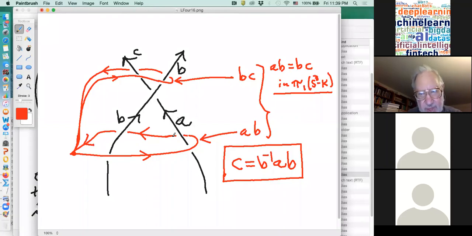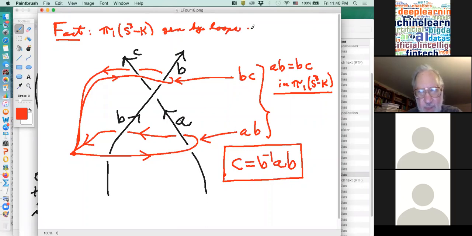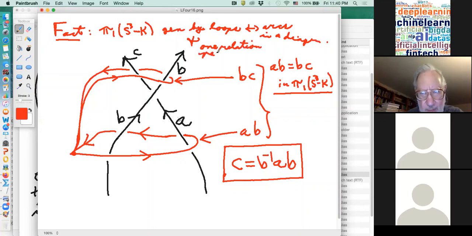And if you stay at the level of the topology, then it is a fact, or a theorem, that the fundamental group of the complement of a knot or link in three-dimensional space is generated by the loops corresponding to the arcs in a diagram, and one relation per crossing. One relation per crossing, and that's the relation.